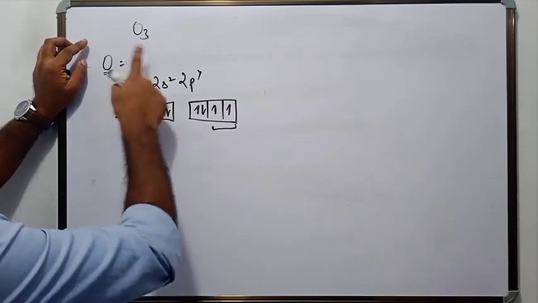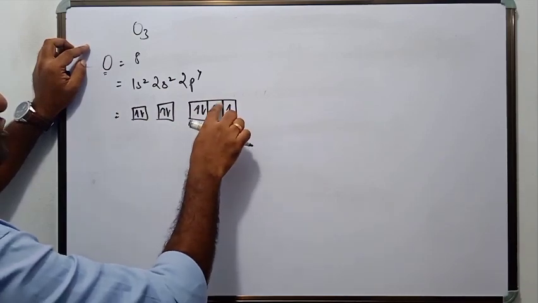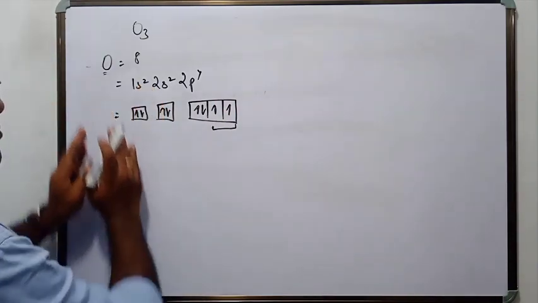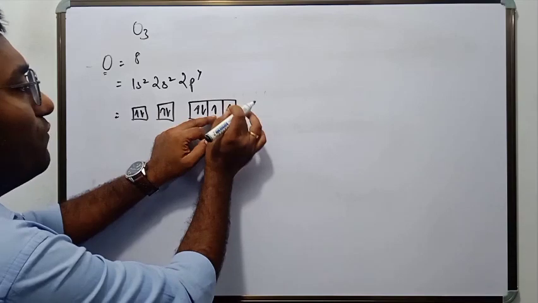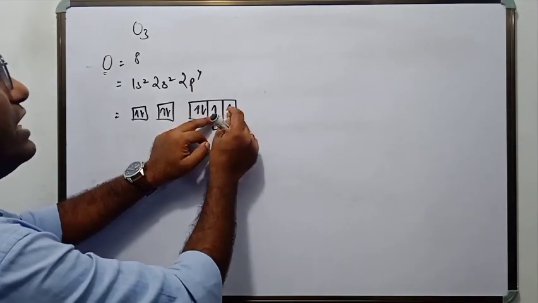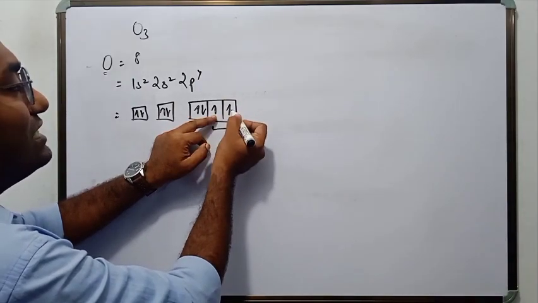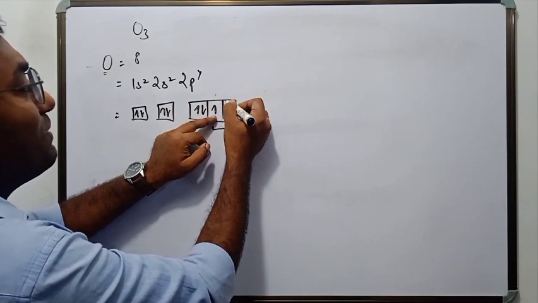So to achieve the octet in the outermost orbit, we need 2 electrons. Someone needs to fill in this space. The only way for oxygen to do this is to share electrons with another oxygen atom, using the Py and Pz orbitals.